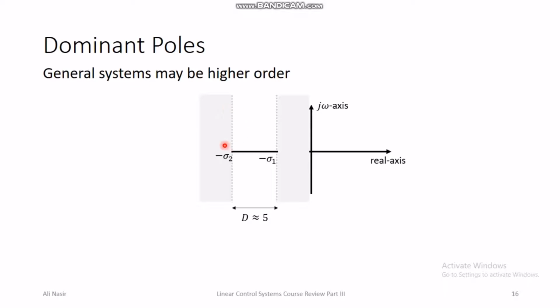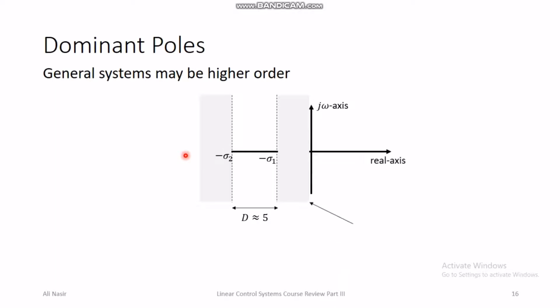If there is a clear distance between a bunch of poles close to the j omega axis and a bunch of poles away from it, then you can ignore the poles in this region which are insignificant poles.